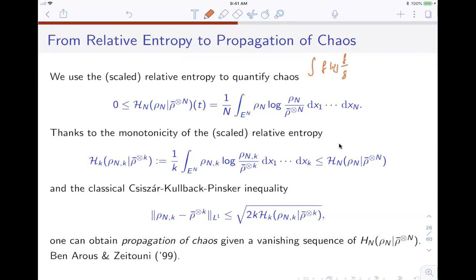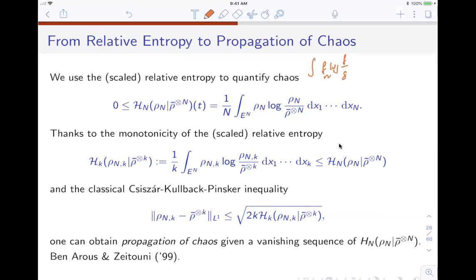This is the KL divergence, or relative entropy. It is positive, and it can quantify the convergence. If it converges to 0, then Fn converges to G in some sense, and actually in a strong sense.